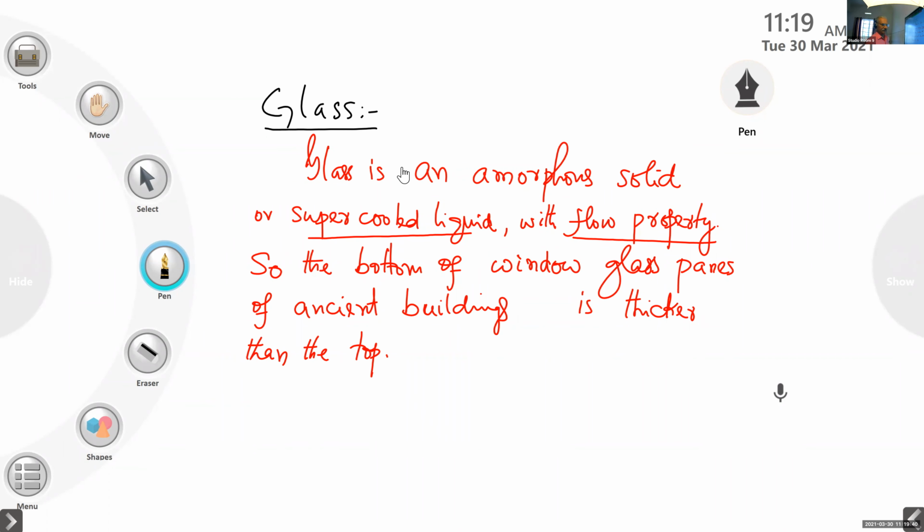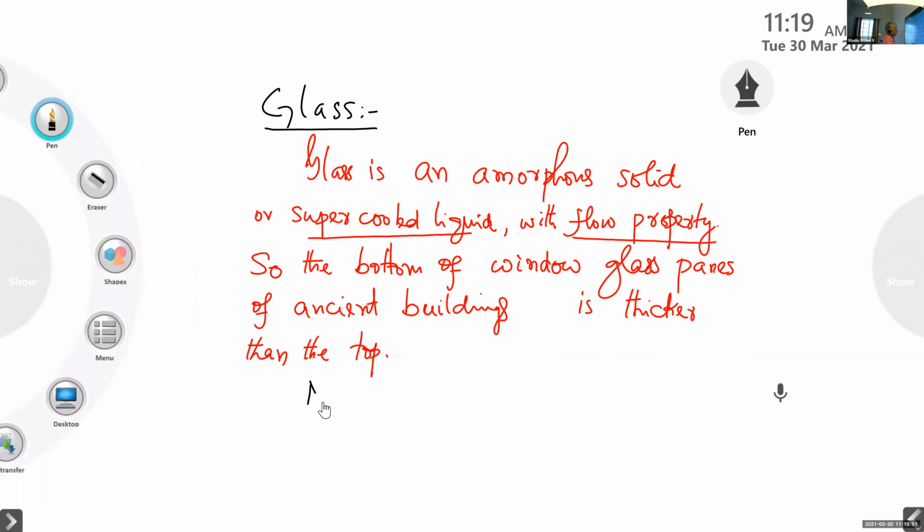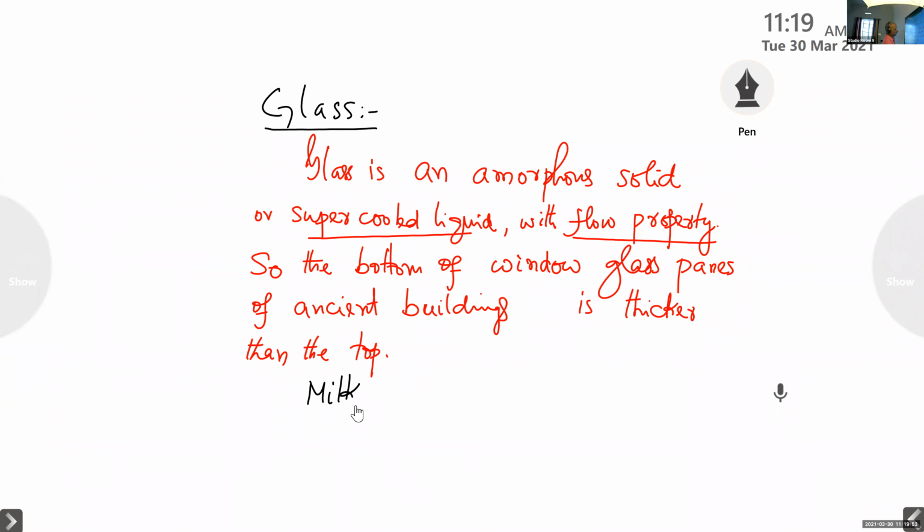Now let us see the second property. Second property you write. Cloudiness or milkiness of ancient old glass objects.